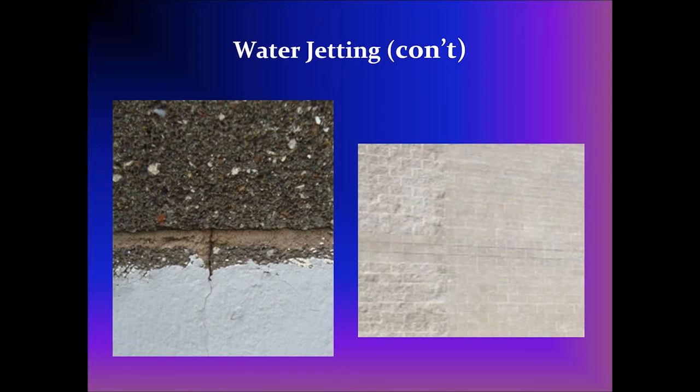But if the blocks are different hardness, or they're not exactly in the same plane, in other words, one block sticks out a little bit more than another, the water jetting distance will be different, and you can actually damage the blocks that stick out a little more than the blocks that are further away from the jets, and get some erratic cleaning and cutting of the blocks. So again, test areas are necessary first before trying this to make sure it's the right candidate for the job. But with the vacuum and the really lower volume of water, you don't get as much saturation of the block with this as you do with some of the other water methods.